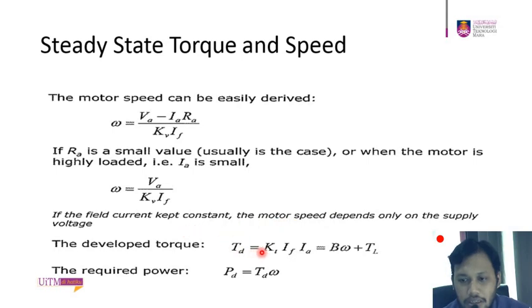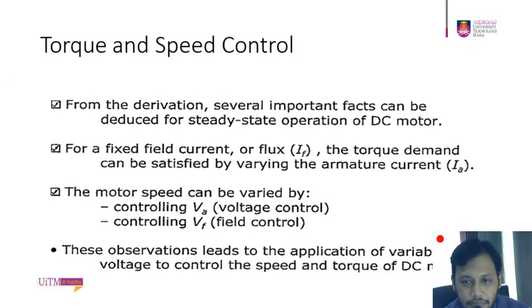You can derive the torque Td within this equation, and the required power will be this equation. Bear in mind, this is for steady state torque and speed. From the derivation, several important facts can be deduced for steady state operation of a DC motor.